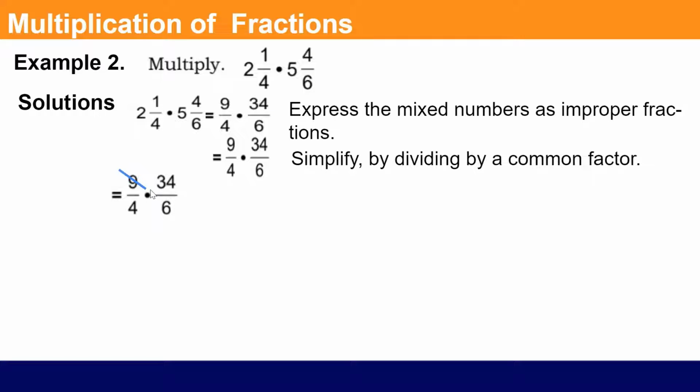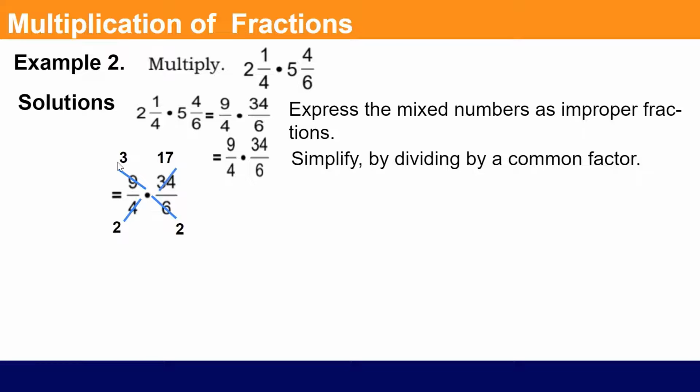We have 3. So i-divide mo lang siya. 9 divided by 3 is 3. Then 6 divided by 3 is equal to 2. Okay. Tapos, yung 4, common factor ng 4 at saka 34. So, we have 2. Okay? So, i-divide mo lang siya. 4 divided by 2 is equal to 2. And 34 divided by 2 is equal to 17.